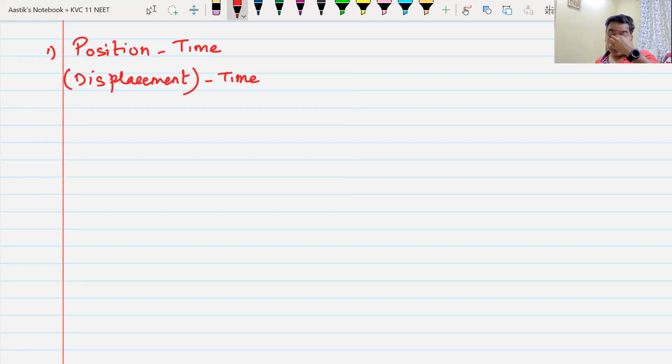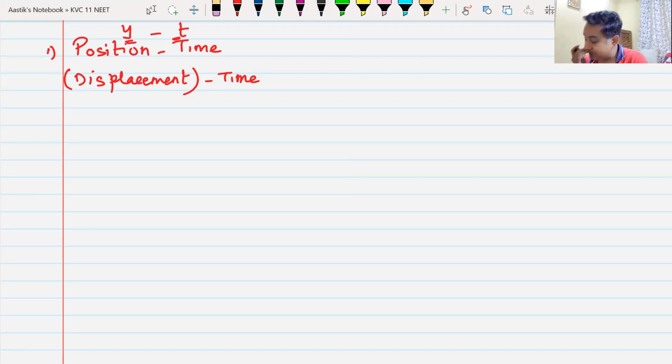So in this graph, your position is plotted on y-axis and your time is plotted on the x-axis. And therefore, this graph is known as your position time graph. Do we understand this?